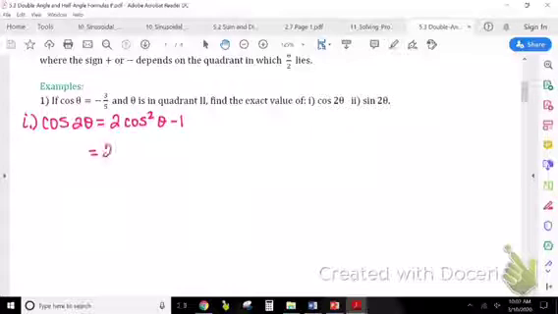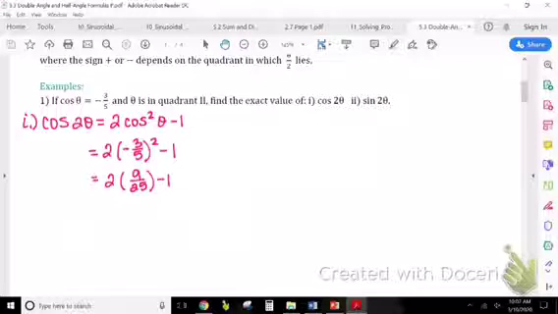All right, so we got 2. We know cosine. What was cosine? Squared minus 1. And can we work that out? Yes. Of course we can. So I did my x squared. So I squared the top and the bottom of the fraction. And I'm going to multiply by 2.